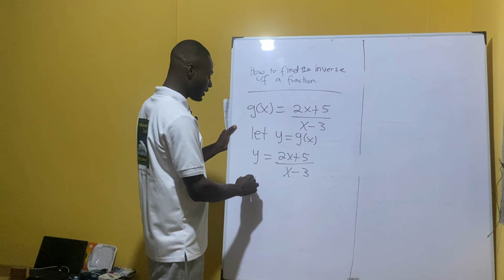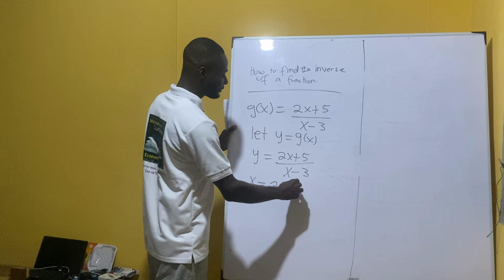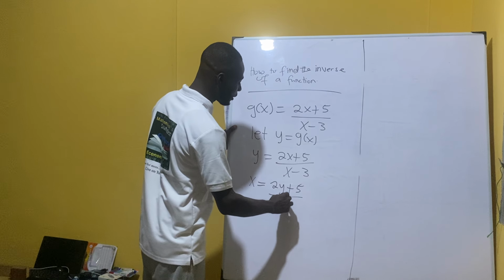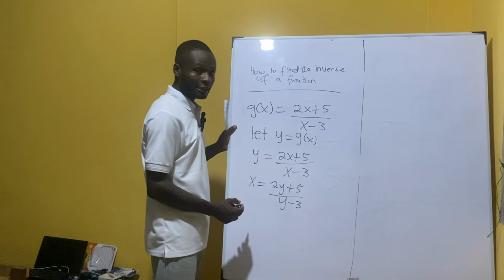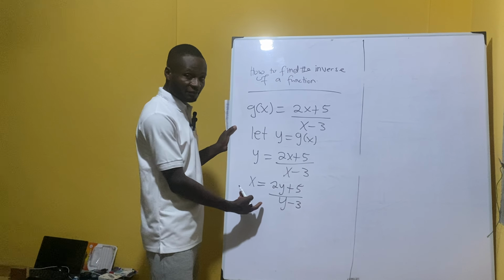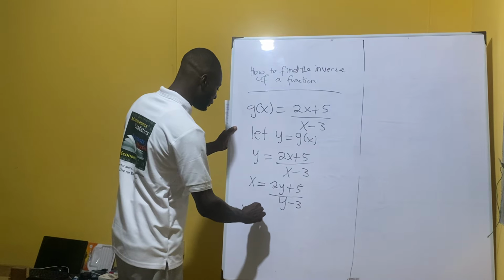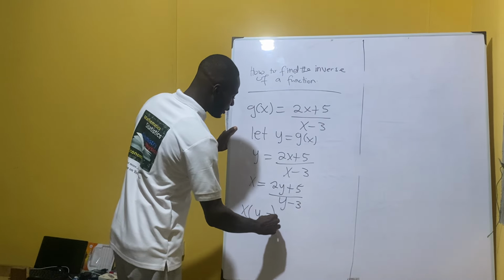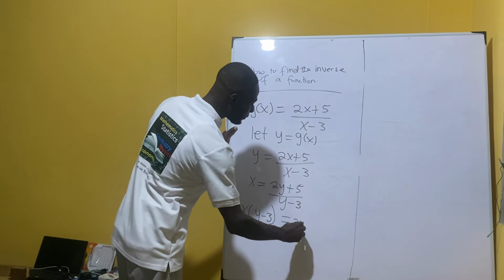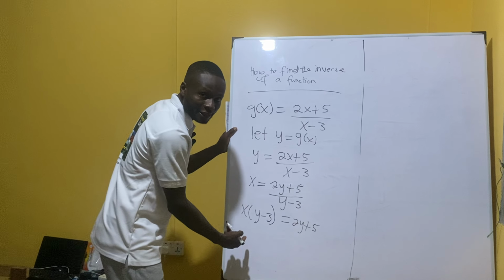So we have x equals (2y + 5) / (y - 3). Now let's cross multiply to find the value of y. So we have x times (y - 3) equals 2y + 5.